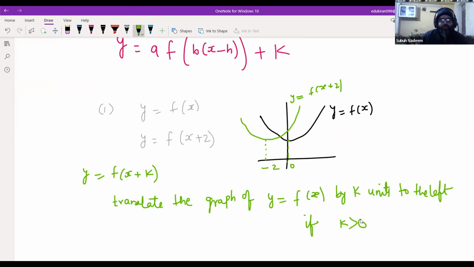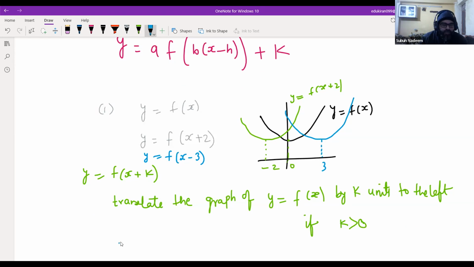Now, if k is less than 0, for example, y equals f of x minus 3, the graph will be shifted 3 units to the right side.